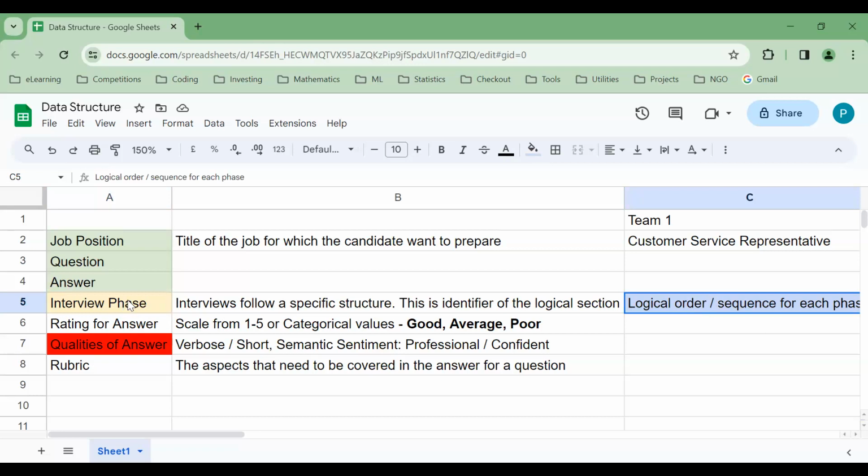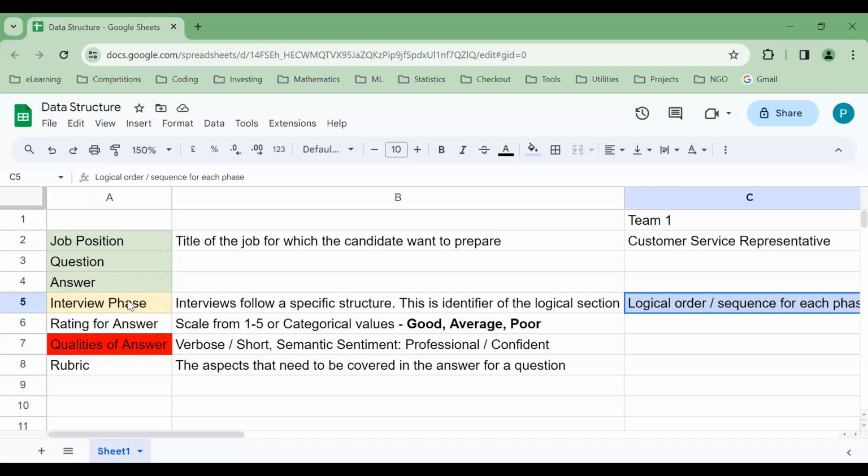Just for simplicity's sake, let's say we maintain it in a data frame. Once the questions are generated by the LLM, they are put in a data frame with an identifier sequence, the interview phase, and the question.